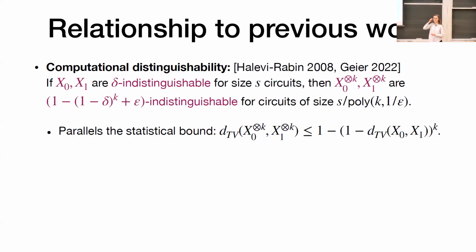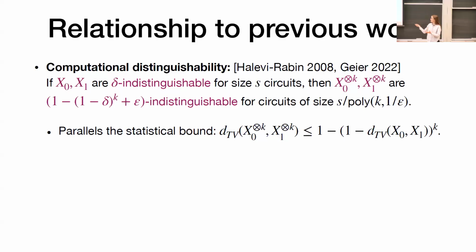So why is this bound meaningful? It mirrors a statistical bound as well, which is that the total variation distance of the k product distribution is at most 1 minus the total variation distance to the k.